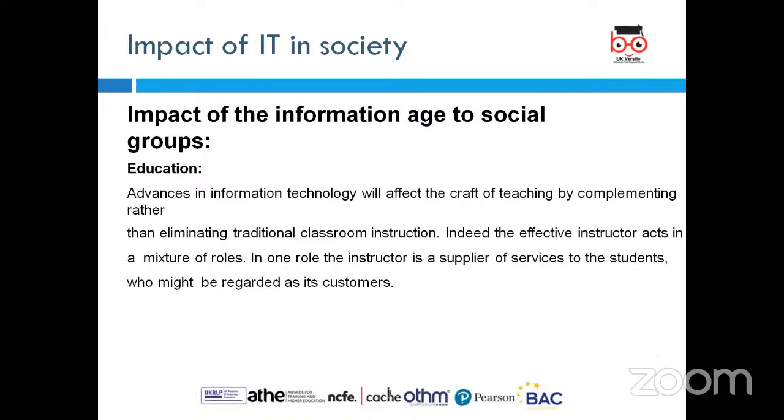Also, we have to look into how it impacts the education sector, where technology has now played a key role, with a lot of advantages and also disadvantages, where more information technology devices are being used for classroom and communication between teachers, staff, and students.